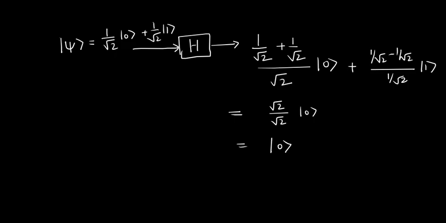So if we apply a qubit of this type, which is a superposition of 0 and 1 with equal probability, and the phase is also positive, here there is a plus sign, then we will get ket 0. We also represent this type of state as the plus state.